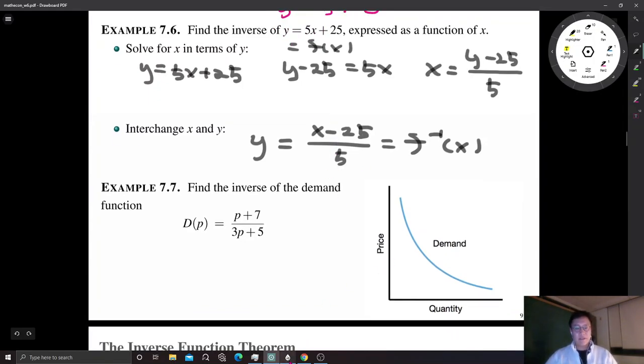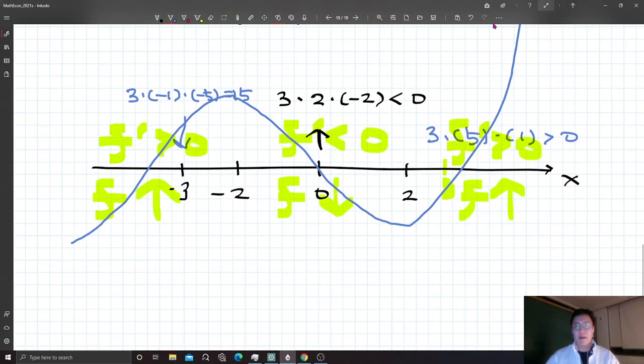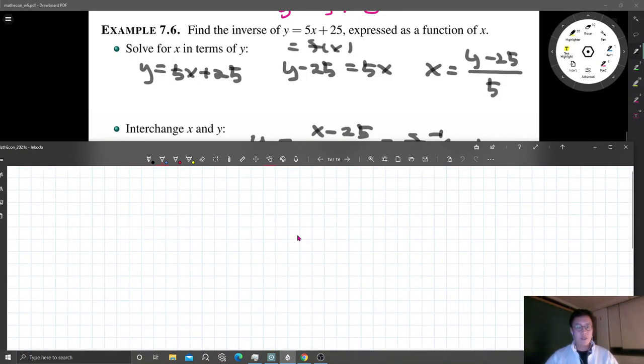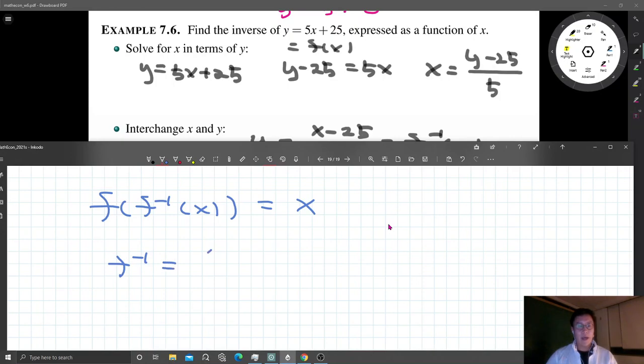We can verify this fact. So once again, remember the composition of f and f inverse should be the identity function x. So the inverse function turns out to be x minus 25 over 5.